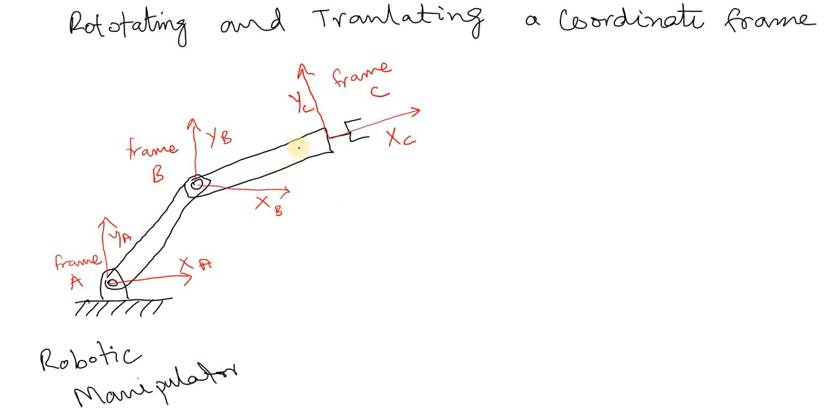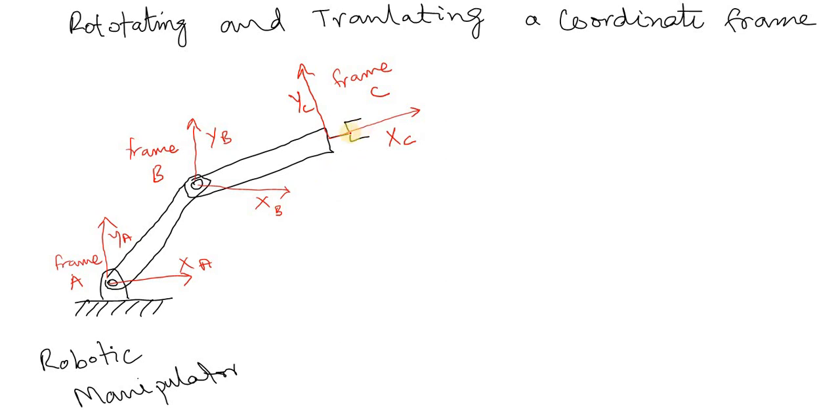So if you see frame C with respect to frame B, this frame is rotated and also translated. It is at a distance away from C, and the X and Y axes are not parallel, which means there is rotation.